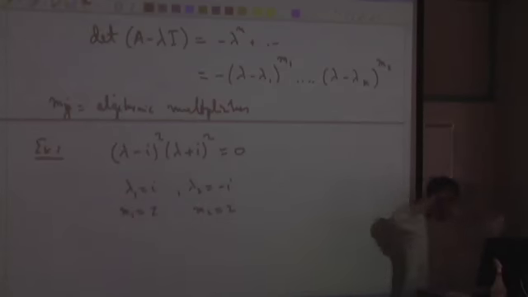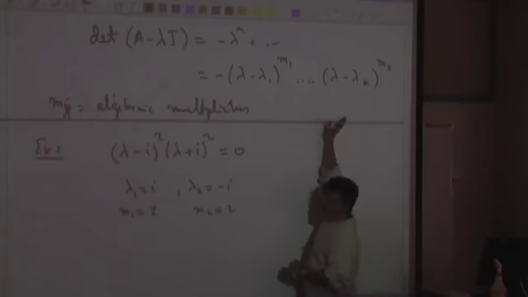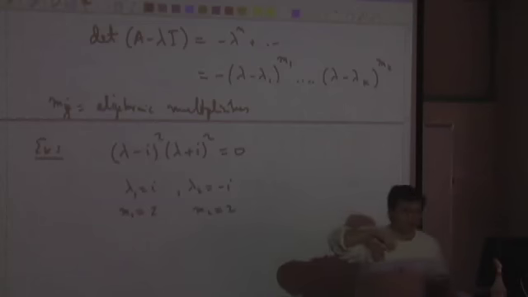So by writing the determinant of A minus lambda identity and factoring it, well, in theory at least, you can see how many distinct eigenvalues there are and with what multiplicity they come, right?